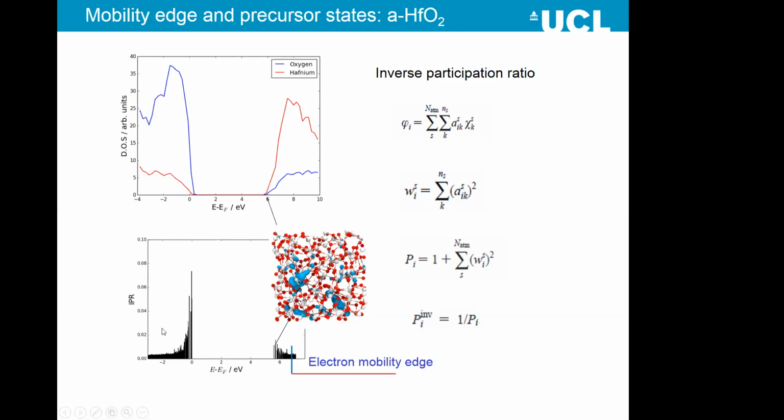So if we put holes into these states, they relax, deform the lattice, and get very strongly localized. We also see that at the bottom of the conduction band there are states which are less localized, but these still tell us that if we put electrons into the system and allow them to relax, they may also become localized. And we know what kind of precursor sites for this localization may be in the system.